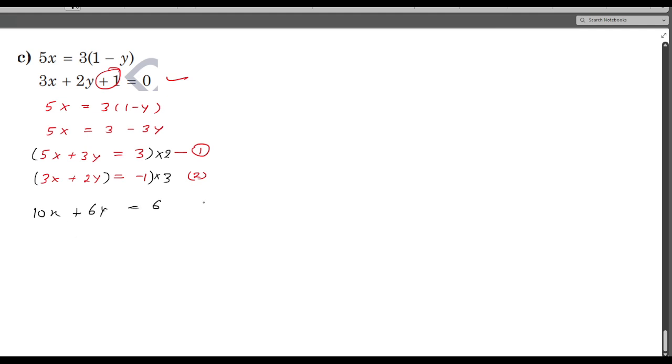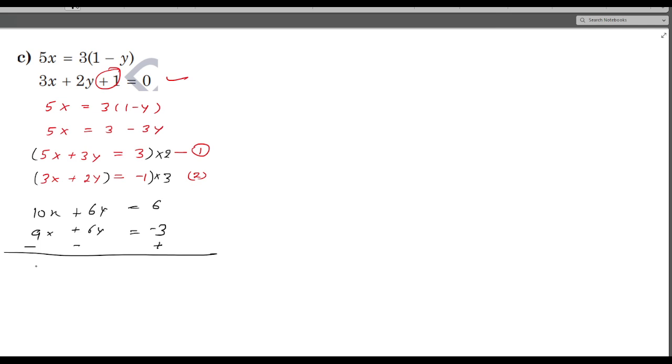The second equation will become 3 times 3 is 9x plus 6y is equal to minus 3. Then as the coefficient of y is same and their sign is also same, better we will subtract. So as I subtract, the sign minus becomes plus, plus becomes minus, and 10x minus 9x will give me x, 6y minus 6y cancel, and here 6 plus 3 will give me 9. So the value of x is 9.